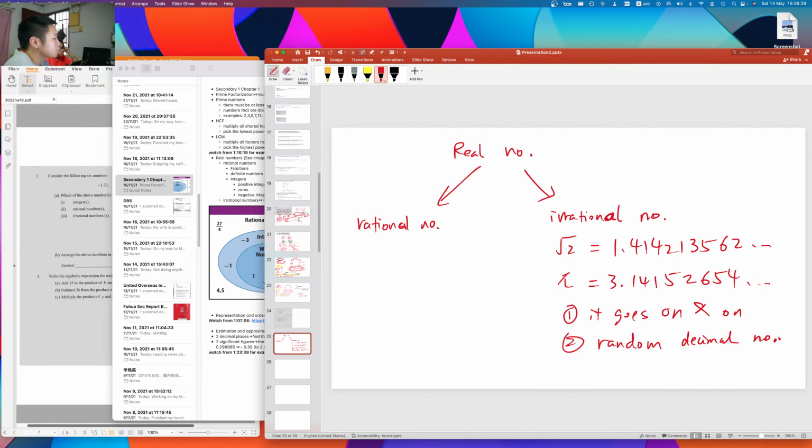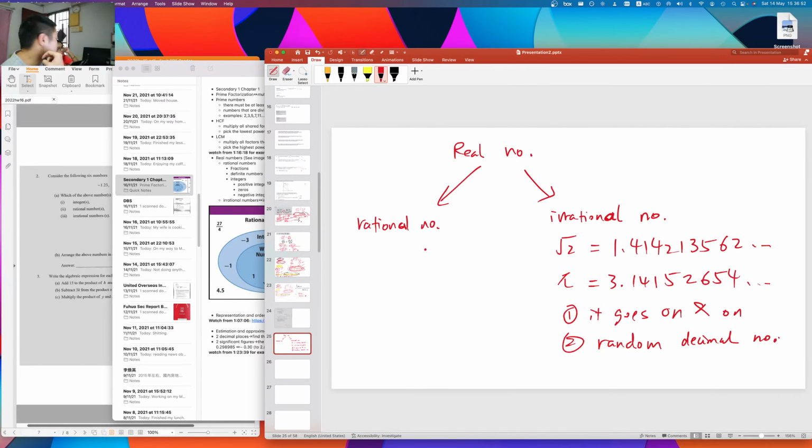Does it make sense? So that means if you have a number and you get it into the decimal number, and the number goes on and on and is random, then it's an irrational number. Does it make sense? So it's very easy to memorize irrational numbers, right?